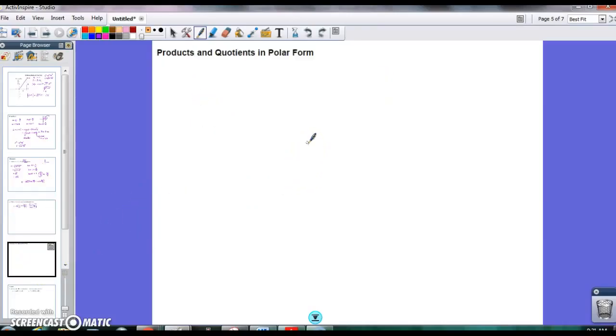When we talk about products and quotients in polar form, if I've got two complex numbers, the first one is represented with subscripts 1. So I've got r1 times cosine theta 1 plus i sine theta 1. My second complex number has all subscripts of 2.